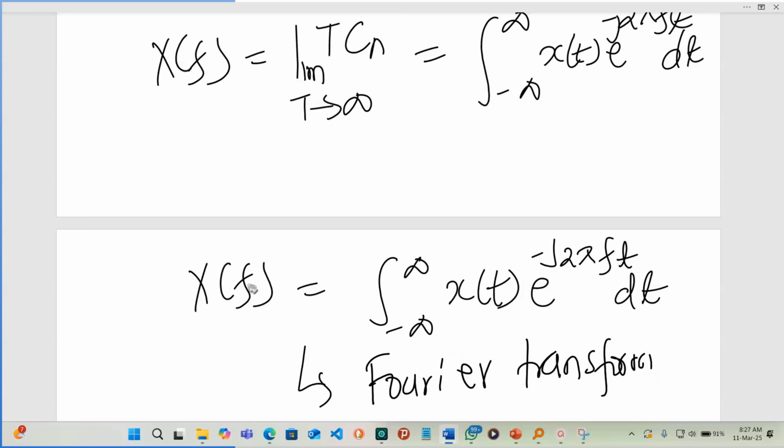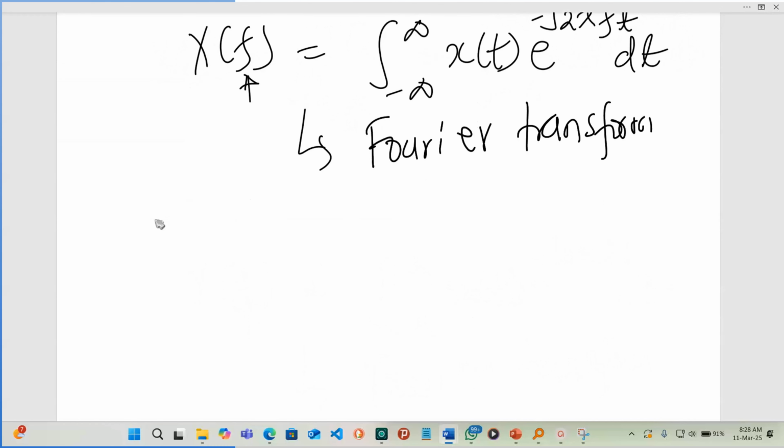So we are going to transform this x of t from the time domain to the frequency domain. For a general function x of t, its Fourier transform is defined by this integral.